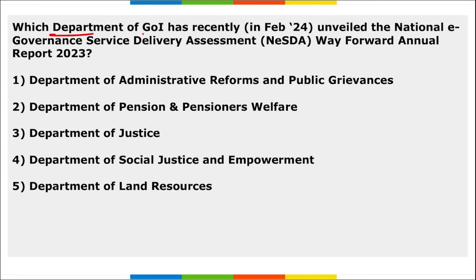Next, which department of Government of India recently unveiled the National E-Governance Service Delivery Assessment Way Forward Annual Report 2023? So this NESDA Way Forward Annual Report 2023 was released by which department of government? It was released by the Department of Administrative Reforms and Public Grievances, that is DARPG.